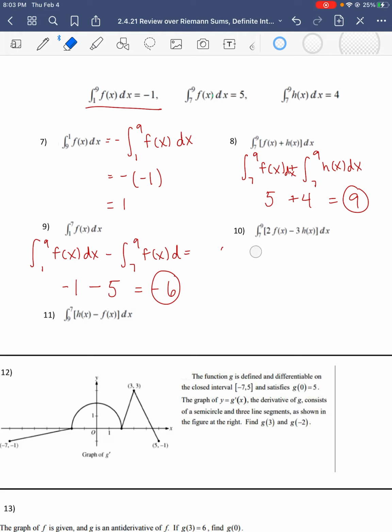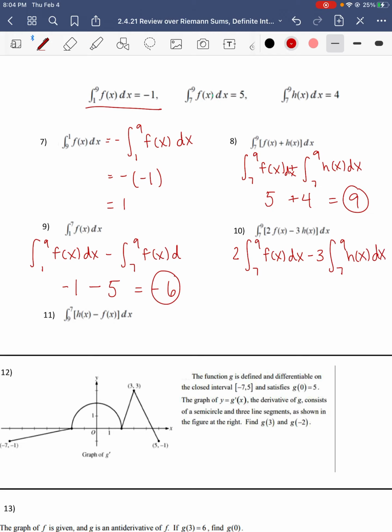Erase this just so I have extra room over here. Alright, for 10, I'm going to bring out those constants. So it's going to be 2 times the integral from 7 to 9 of f of x. Then I'm going to bring out the negative 3 for the h of x. So negative 3, the integral from 7 to 9 of h of x dx.